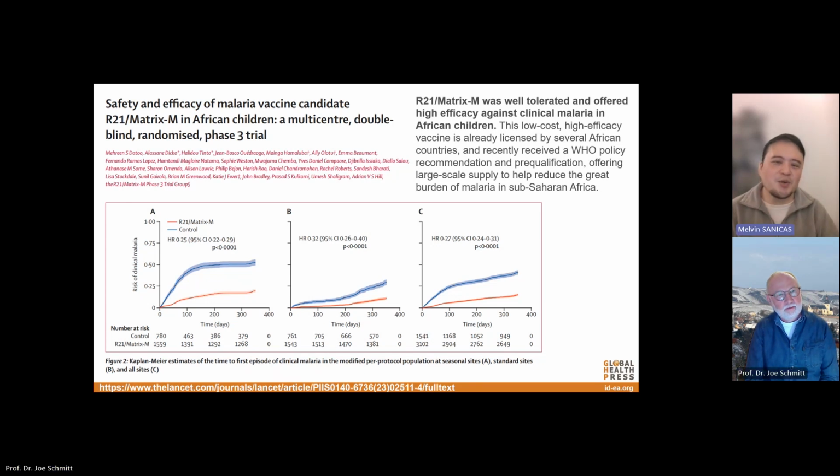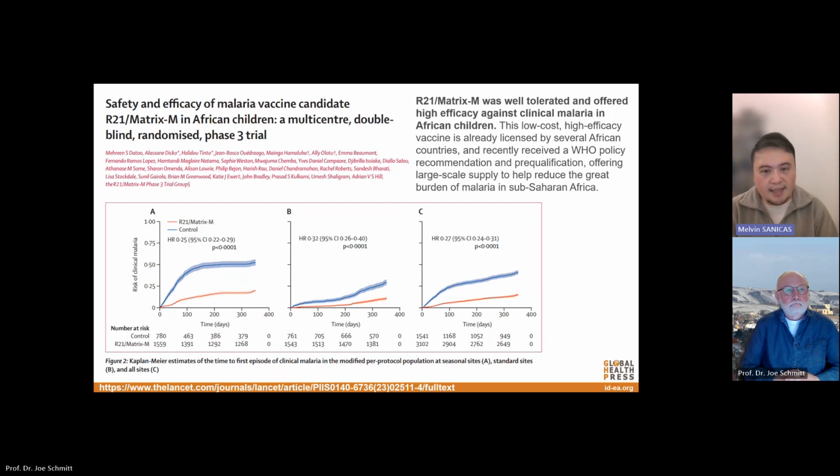Yes, so we all know that one of the top 3 infectious diseases are HIV, tuberculosis, and malaria. And this is something that's been celebrated by the public health, global health community, because this phase 3 randomized controlled trial confirms that this vaccine, this R21 Matrix-M vaccine by the University of Oxford and Novavax, is actually 67% to 75% effective against malaria in young children in 4 countries in Africa.